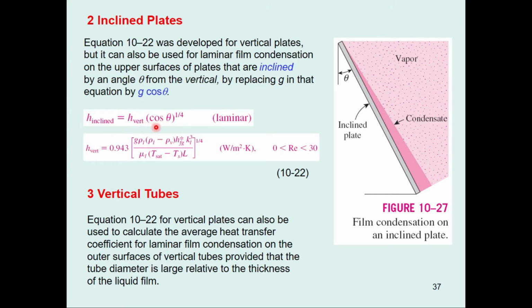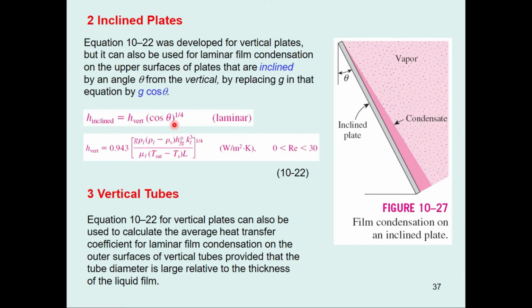So this formula just incorporates the inclination of the plate at a certain angle, right? After putting the value in this formula, you can get the convective heat transfer coefficient for a plate inclined at an angle theta. It could be any value of theta.